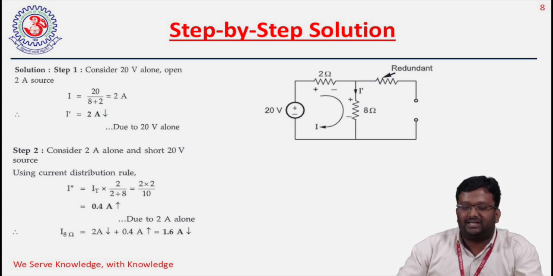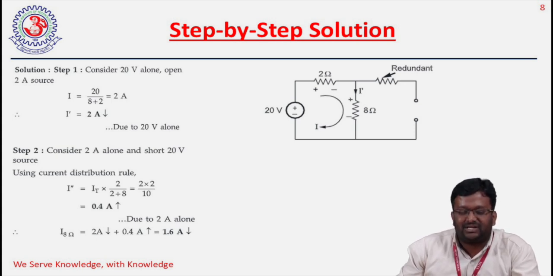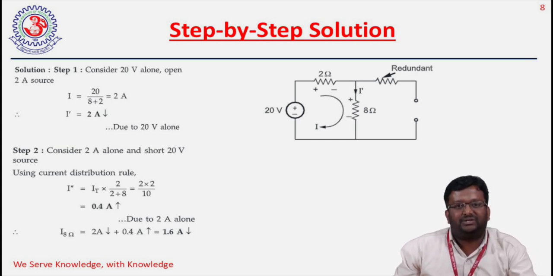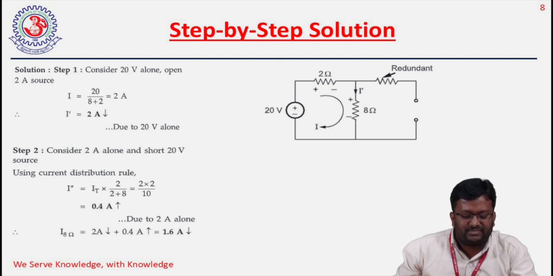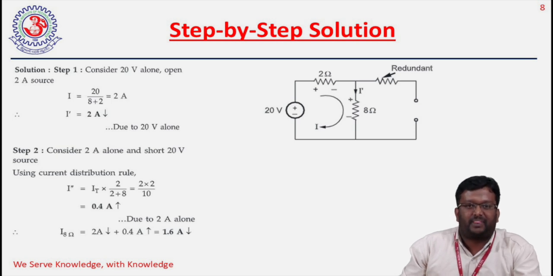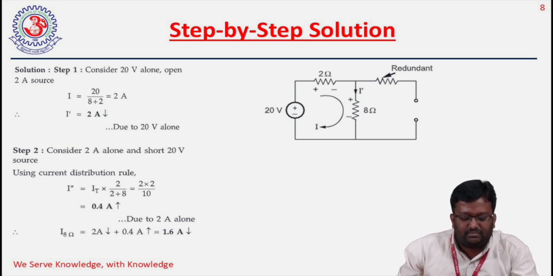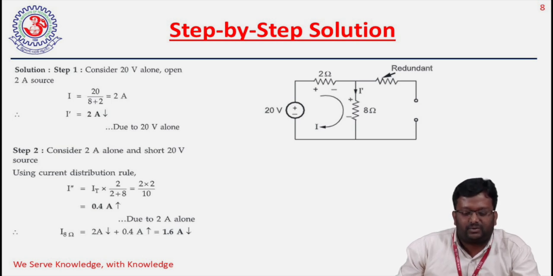The formula for the current division rule: I is equal to IT, the total current, multiplied by the ratio of the opposite resistance to the total resistance.